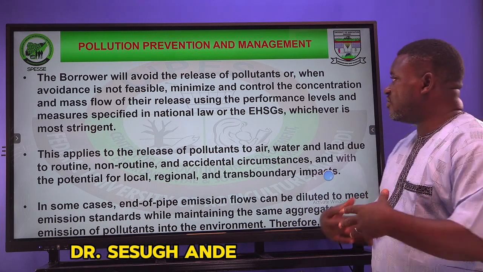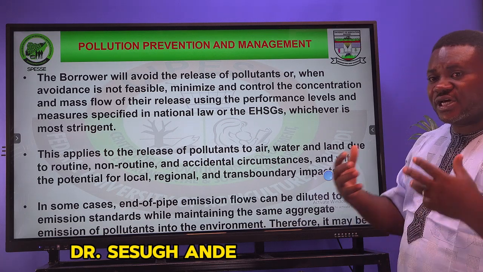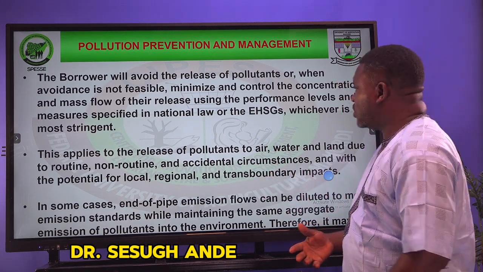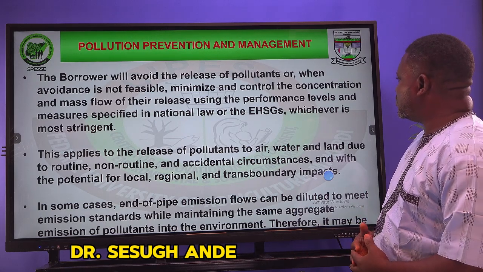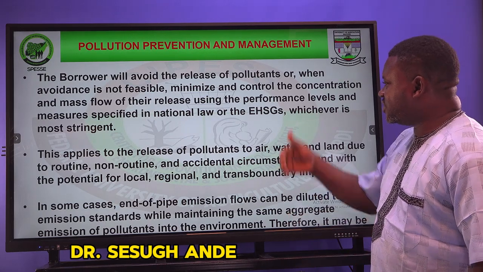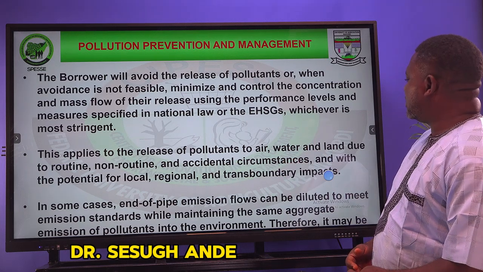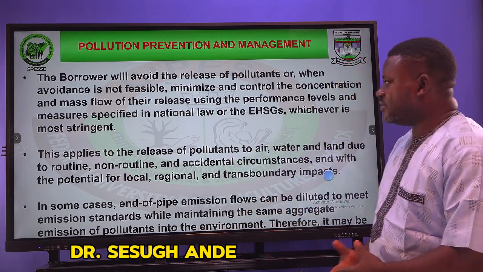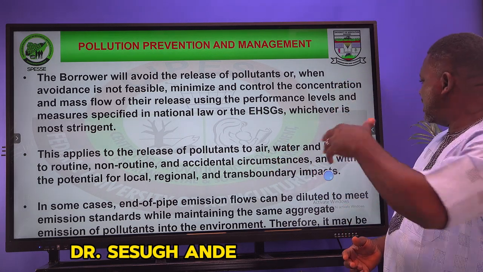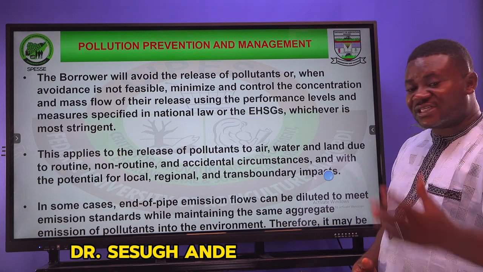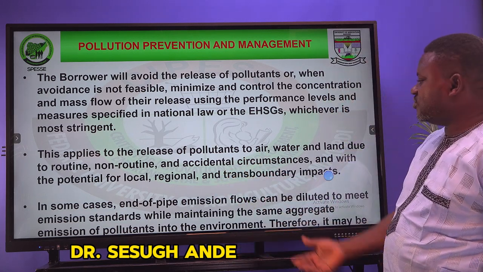The borrower will have to avoid the release of pollutants, or when avoidance is not feasible, then you need to minimize and control the concentration and mass flow of their release using the performance levels and measures specified in the national law or the environmental health safety guidelines, whichever is most stringent. That is the one you need to use. So this applies to the release of pollutants to air, water, and land due to routine, non-routine, and accidental circumstances, and with the potential of local, regional, and transboundary impacts.